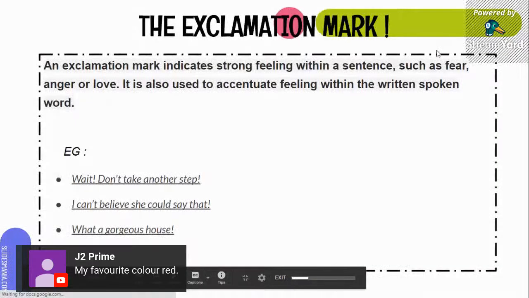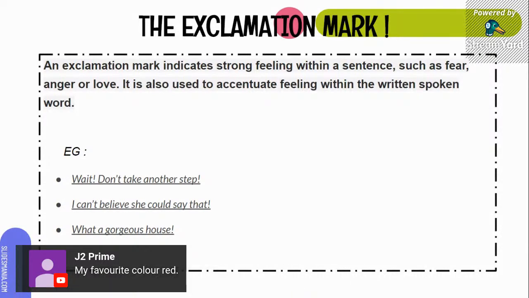The next punctuation symbol would be exclamation mark. So an exclamation mark indicates strong feeling within a sentence, such as fear, anger, or love. It is also used to accentuate feeling within the written word.